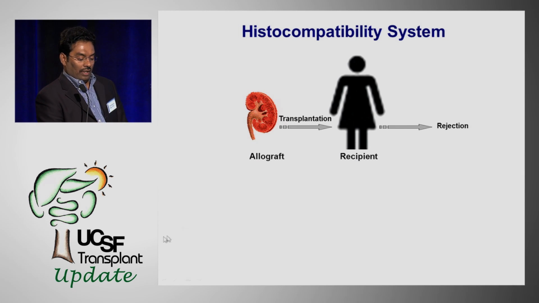So if your recipient receives an allograft without any immunosuppression, they will reject. The genes, proteins, and factors involved in this rejection process, we call it the histocompatibility systems.